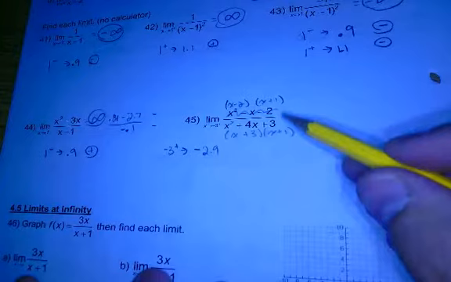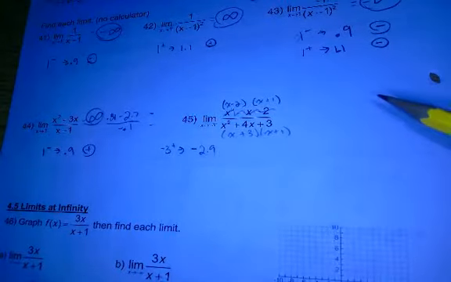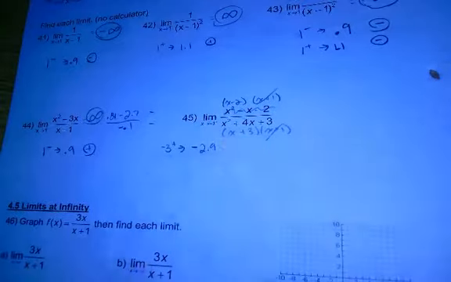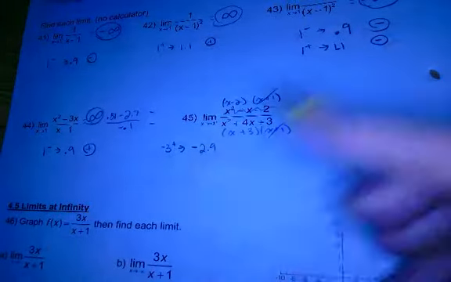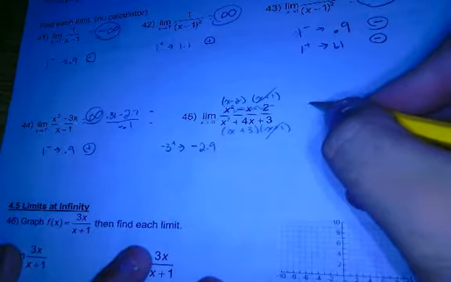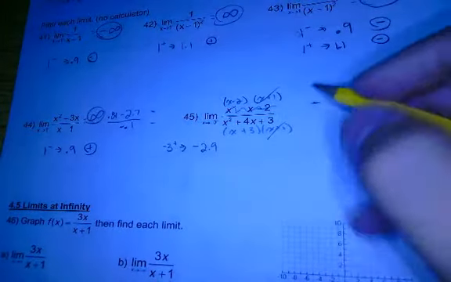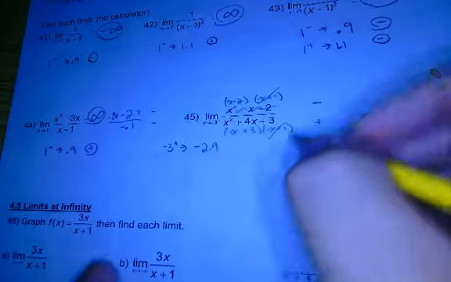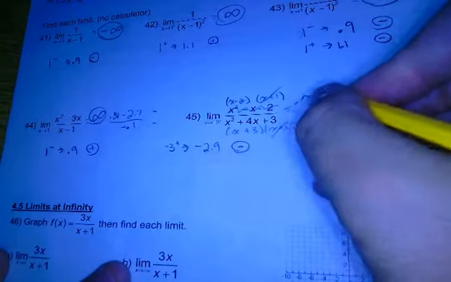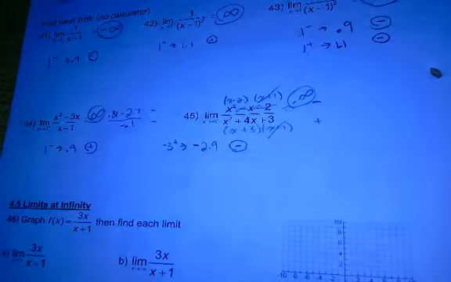So actually, there's a hole at negative 1. Is that going to change my answer? No, I don't care about negative 1. But it's much easier to plug this in now, isn't it? So when I plug in a negative 2.9, the top becomes negative, the bottom is positive, so I'm going to get a negative. So my answer is negative infinity.